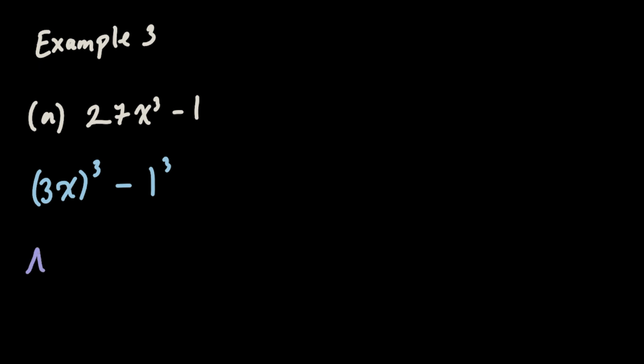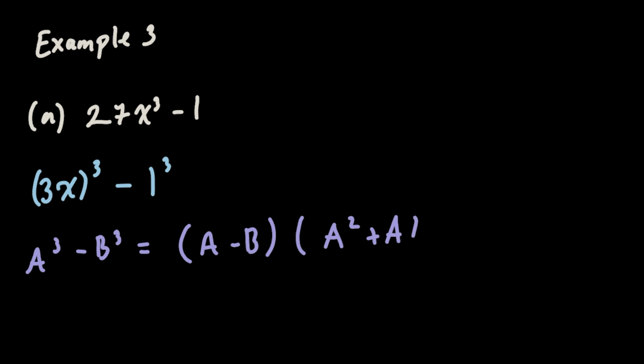If we have a to the power 3 minus b to the power 3, that would equal a minus b multiplied by a to the power 2 plus ab plus b to the power 2. Look, this term here is b and this term here is a.